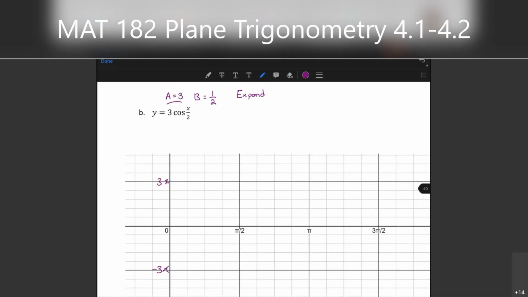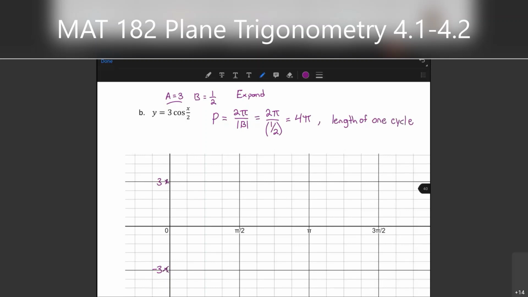If my b value is 1/2, then I would consider my period again: 2 pi divided by the absolute value of b. So that would tell us that this is 2 pi divided by 1/2, which gives us 4 pi. So again, the period is telling me the length of one cycle.